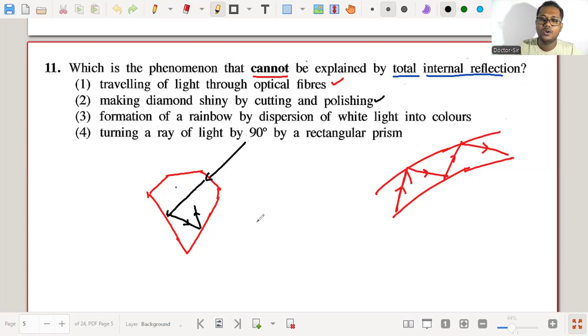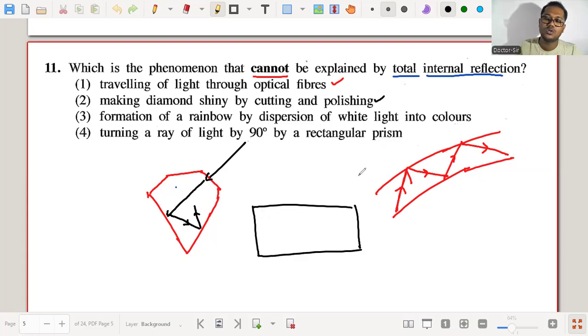If a rectangle is there and we insert the light ray at 90 degrees, what will happen here? Yes, it will enter and there will be total internal reflection.